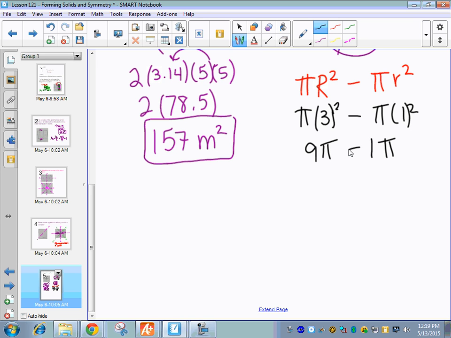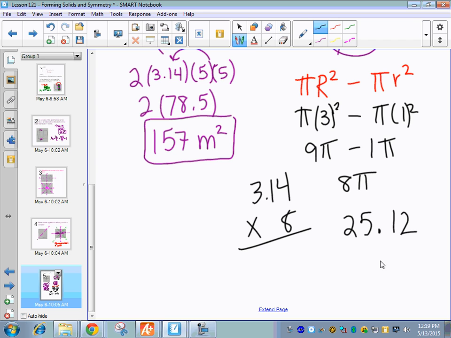Instead of multiplying 9 times pi and 1 times pi, what is 9 pi minus 1 pi? Right, so it's a little easier. Then we only have to do 3.14 times 8 one time. Anybody got it? What do you think? Okay, good. 25.12, again, meters squared, because we're doing area.